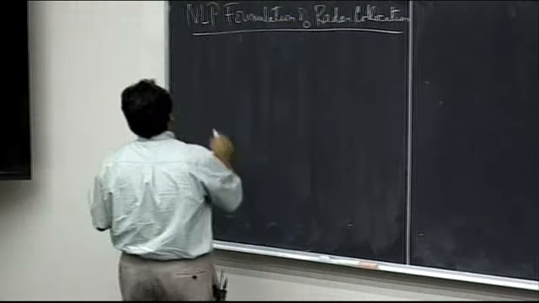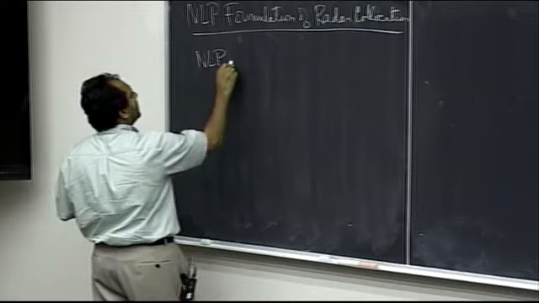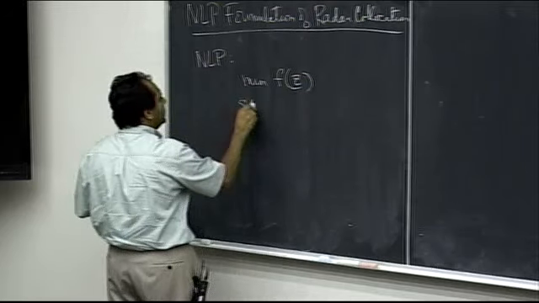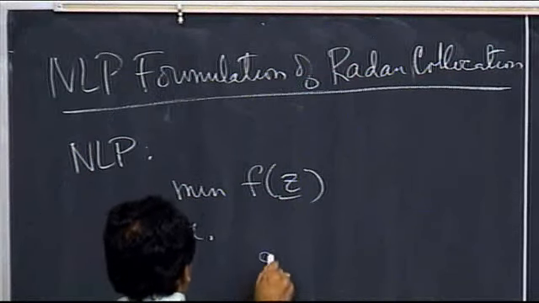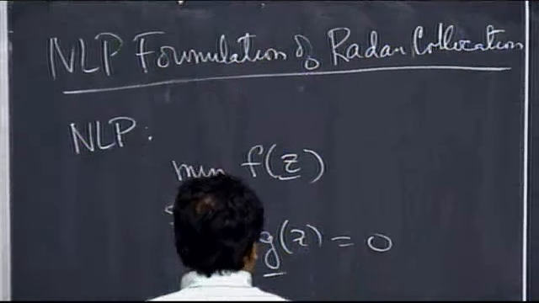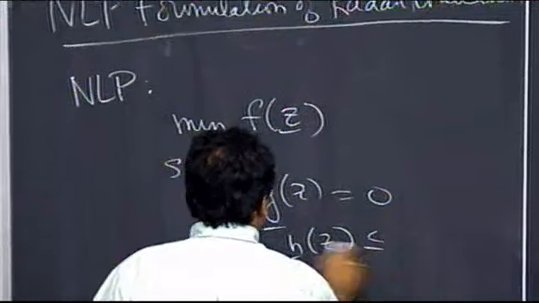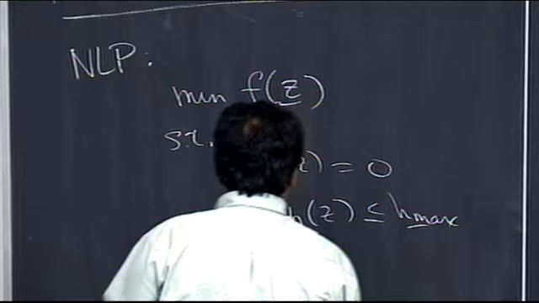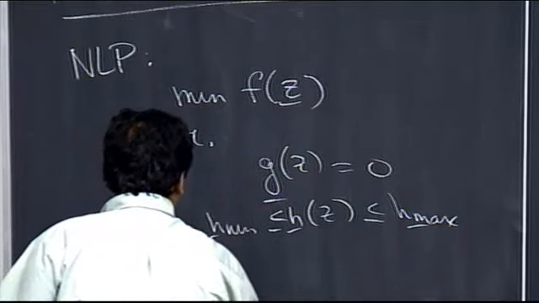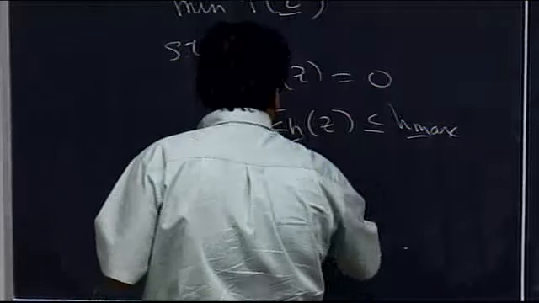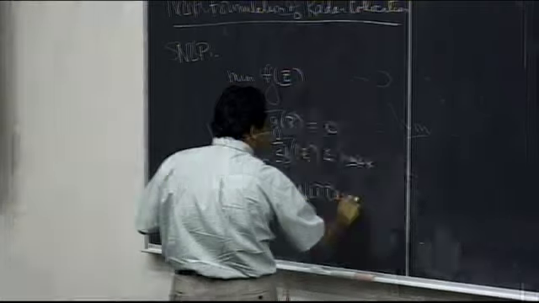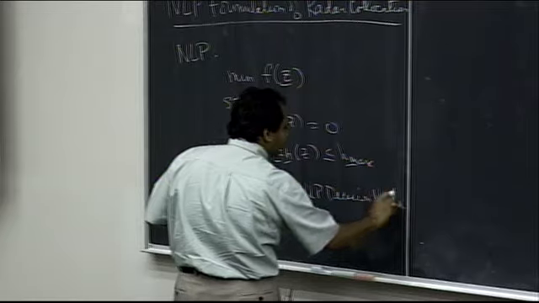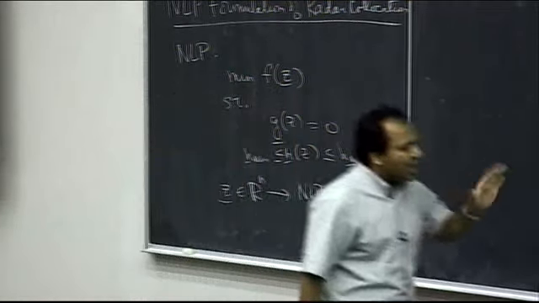So in a general nonlinear program, the problem is to minimize f of z subject to a bunch of constraints, g of z equals 0, and h of z is between some h min and h max, where z is an element of R^n, and it's called the NLP decision vector. This is the terminology that's used. All right, that's the nonlinear programming problem.